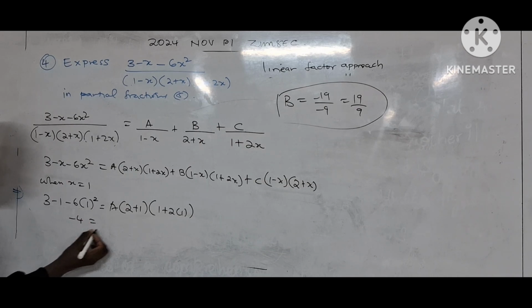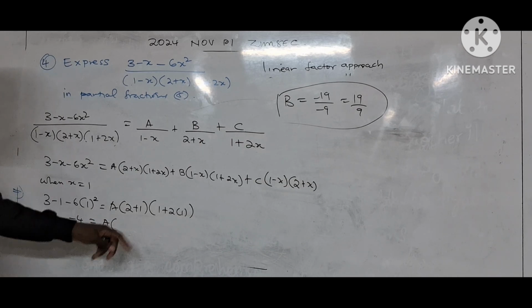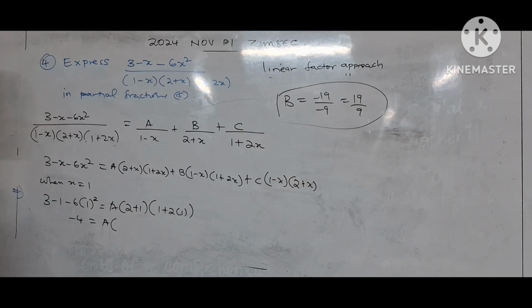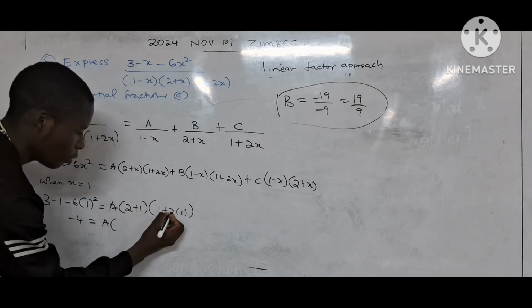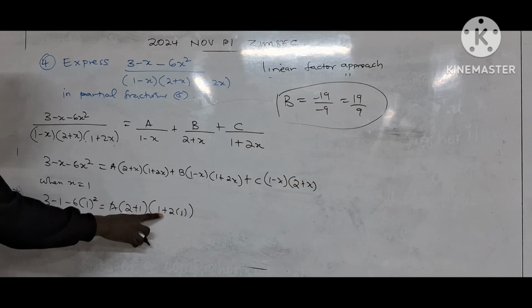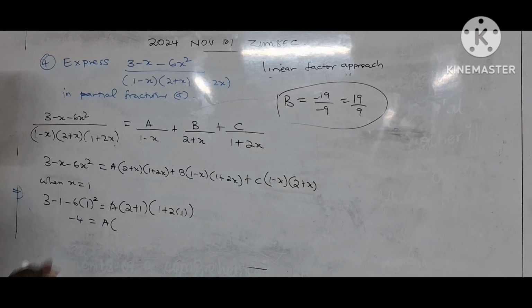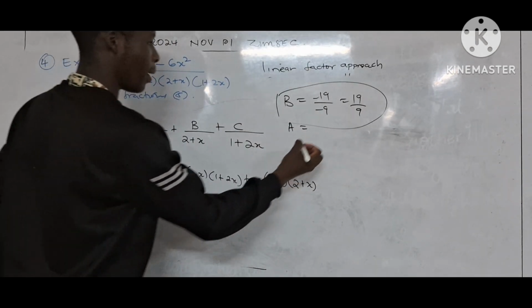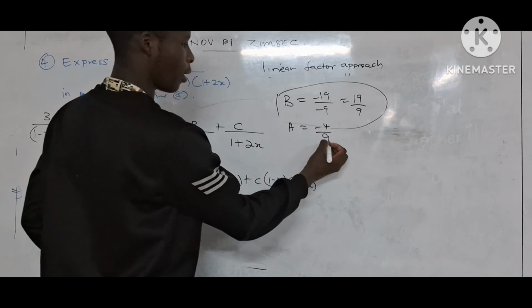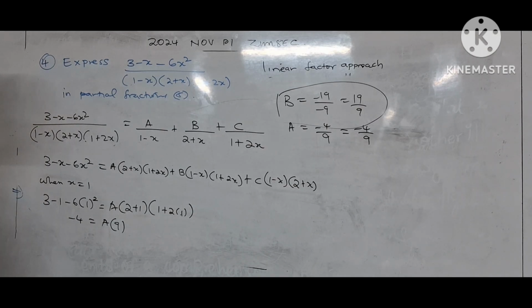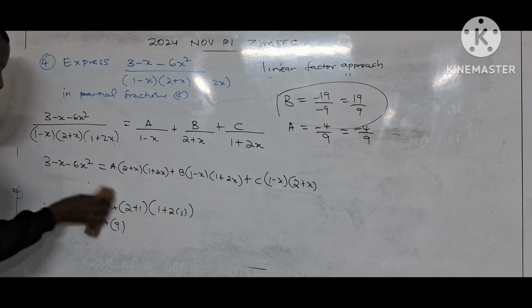This is minus 4 is equal to A into 3 into 3. So 3 times 3, you get a 9. So what is the value of A? A is equal to minus 4 divided by 9, which is equal to minus 4 by 9. This is the value of A.